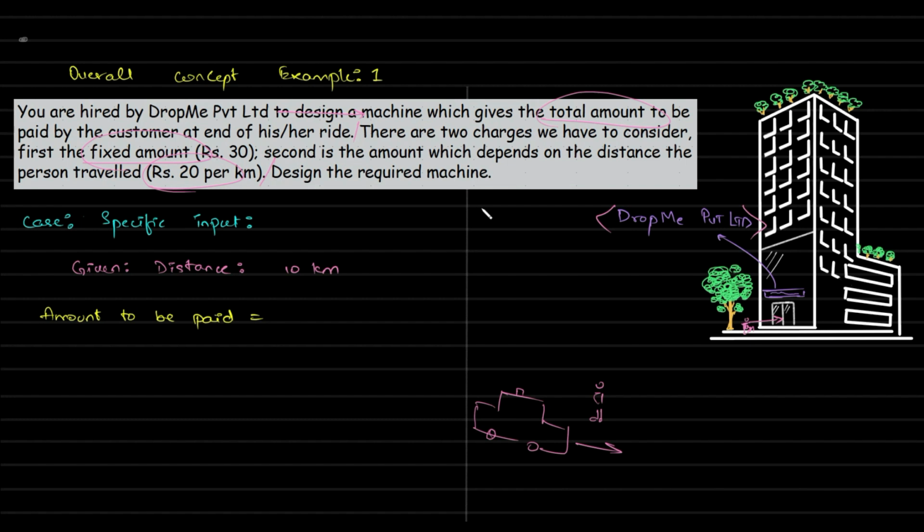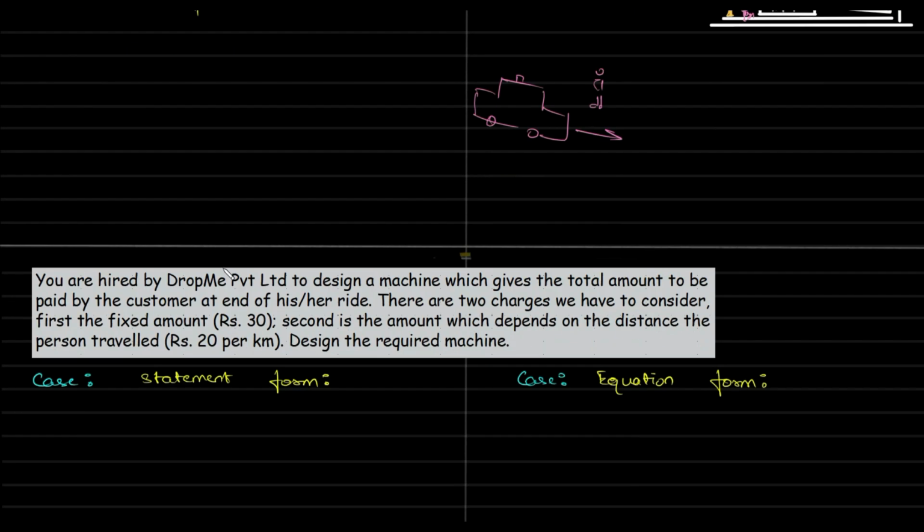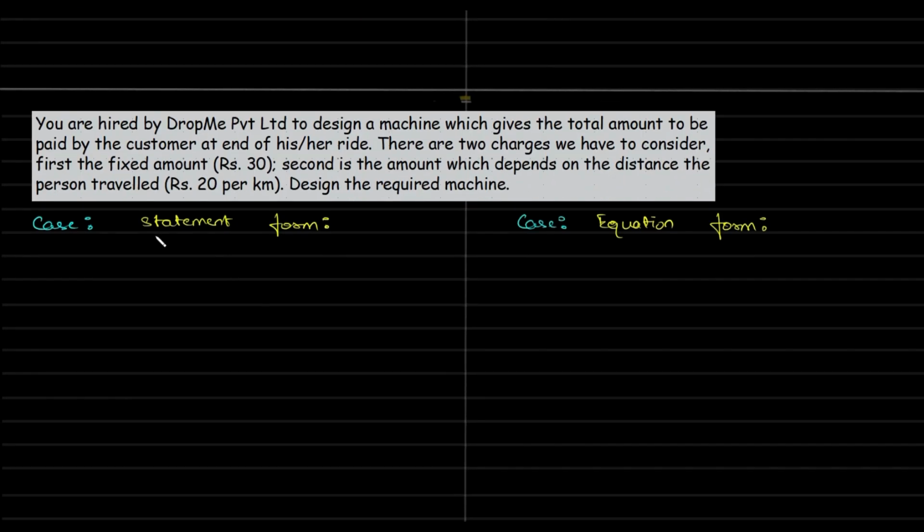See, whenever you have to design anything, you always have to start with making or understanding it in the simplest form. To do that, taking a specific input or specific condition and thinking about it is important. Once you think about a specific input or a condition, then you convert that to statement form, and then you convert that later into an equation form.